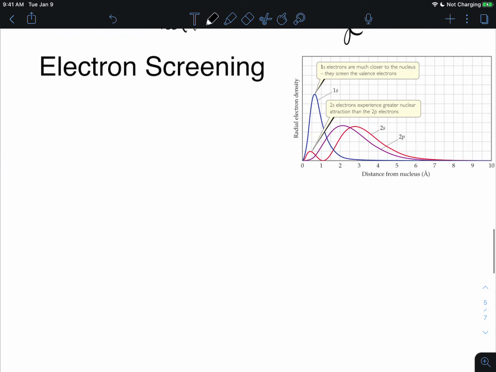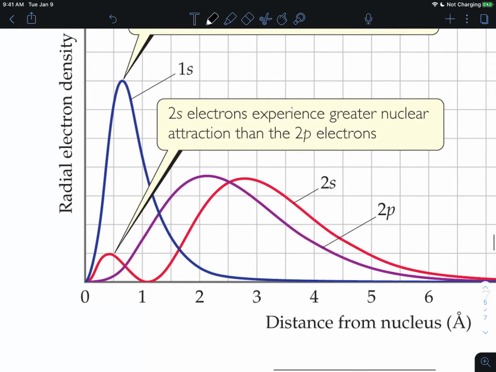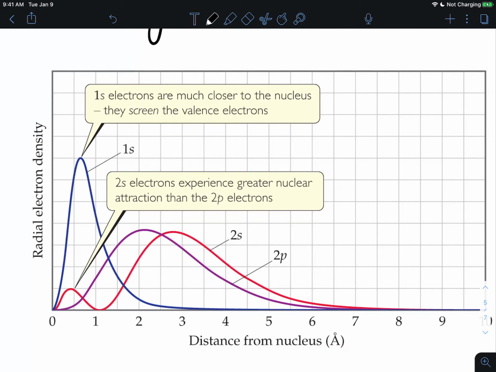Okay, so let's look a little bit more at the electron screening itself. If we look at this graph on the right, we can see our radial electron density versus distance from the nucleus in angstroms. And we see that our 1s electrons are going to be very, very close to the nucleus.